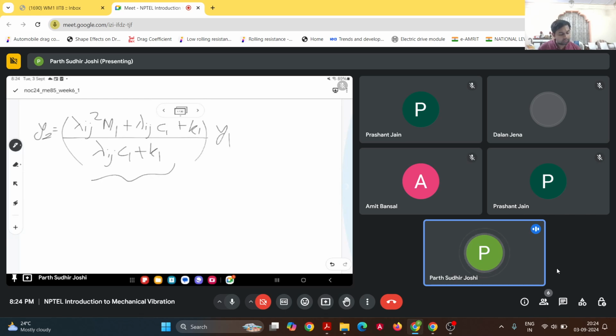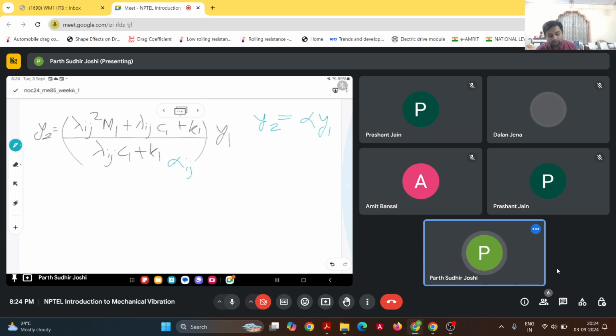So let us denote this whole term, whatever is there in this big bracket, as some alpha. So it's basically that y2 is some alpha y1, right? So this alpha, let us call it alpha ij.